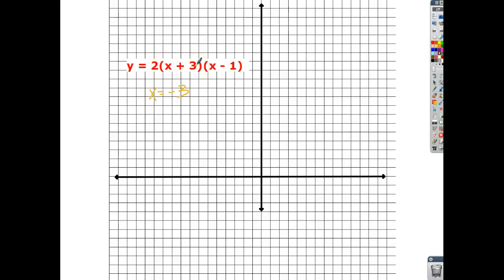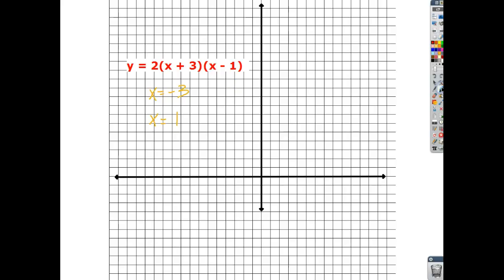And then when x is equal to 1, hopefully you can see that, because if x is -3, the whole thing goes to 0, so it'll be -3 comma 0. If x is 1, 1 minus 1 is 0, and the whole thing ends up going to 0. So those are the two spots in which the parabola will cross the x-axis.